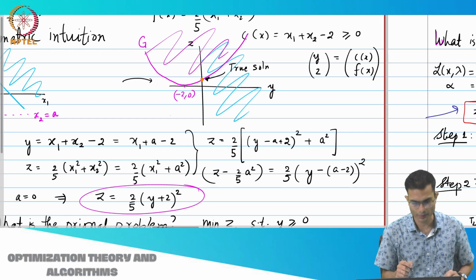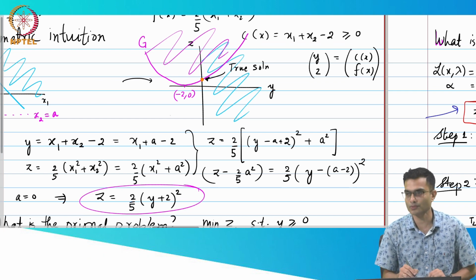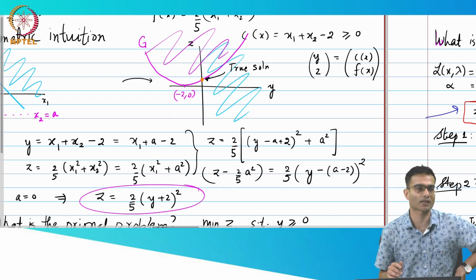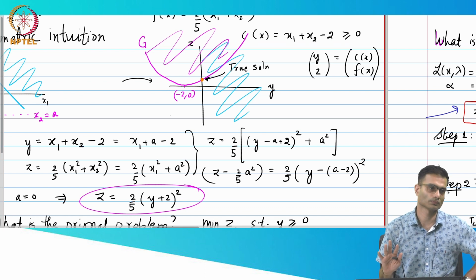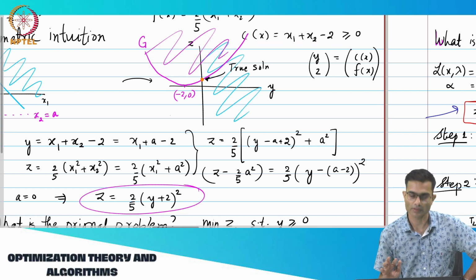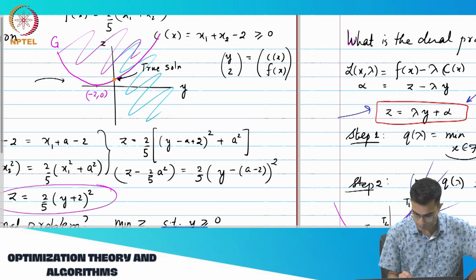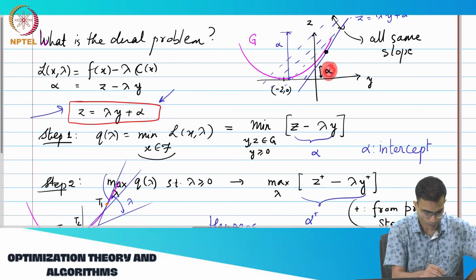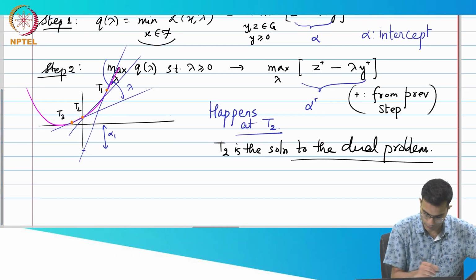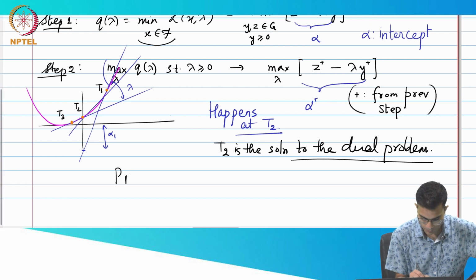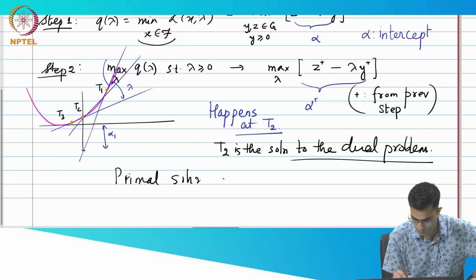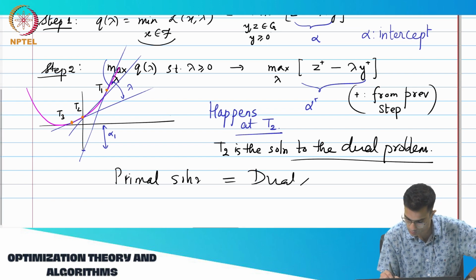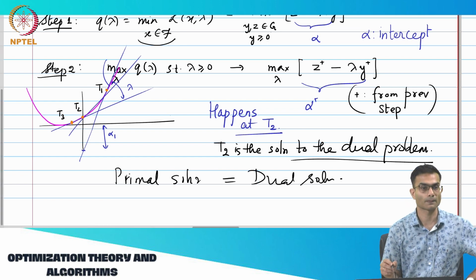At some point, a equal to 0 was just chosen so that you can immediately see it's a parabola. That's all. That region would also remain convex because our original parabolas are all convex. Yeah, that's a good point. Okay. So in this case, the primal solution, just one moment, is equal to the dual solution.